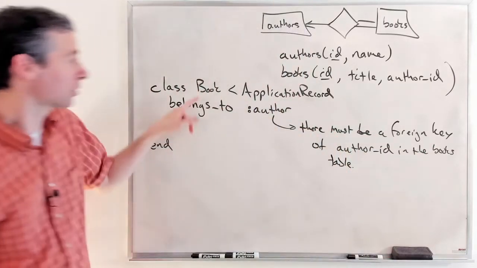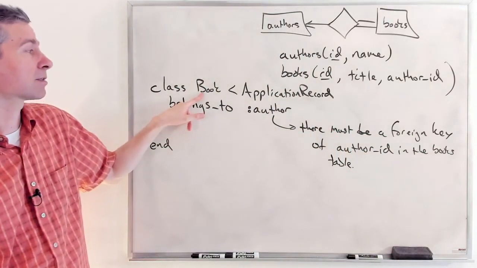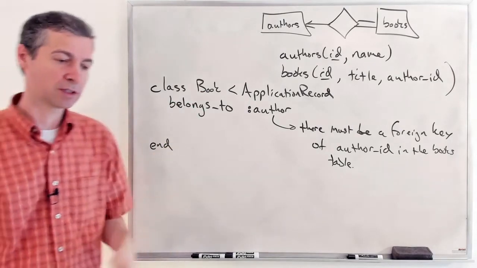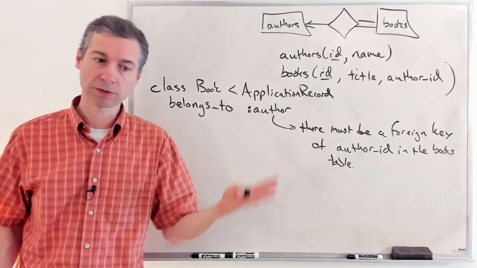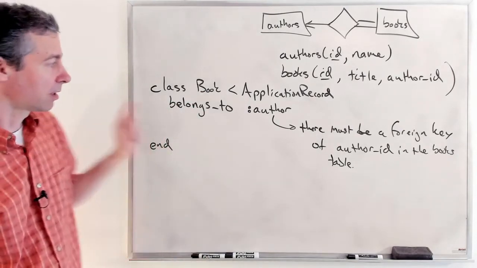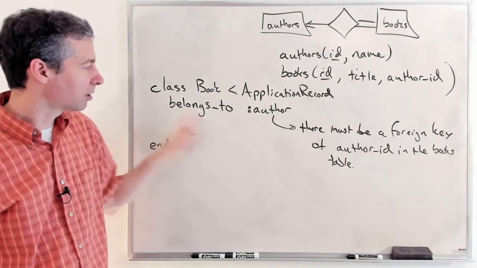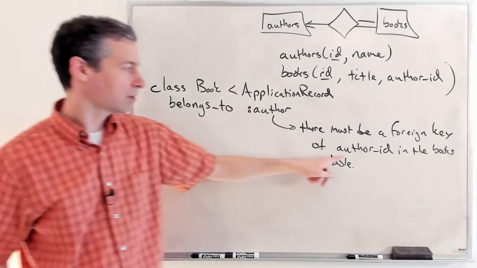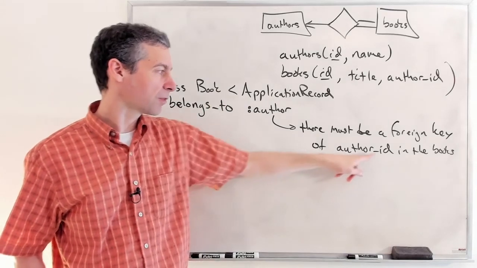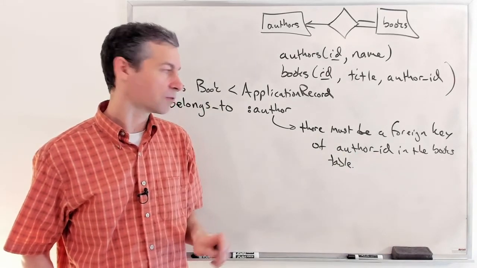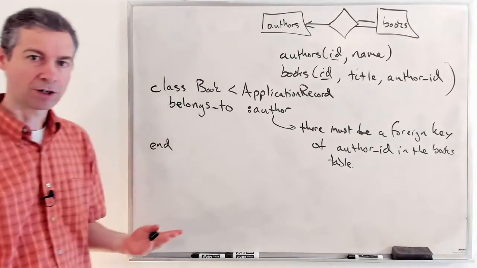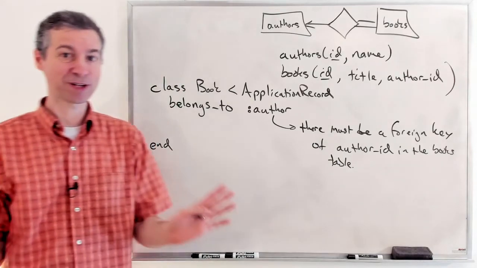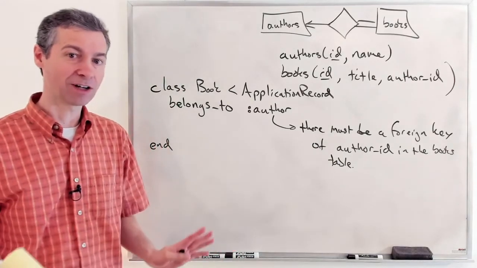So again, it knows, I'm the Book class, so there must be an entity for me known as books in the database. And you're saying, I belong to author. So you must have in that table an author_id as the foreign key. All right. It's pretty wild. Like, it's all automatic.